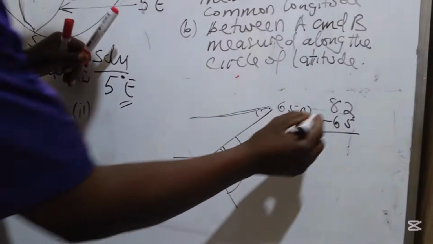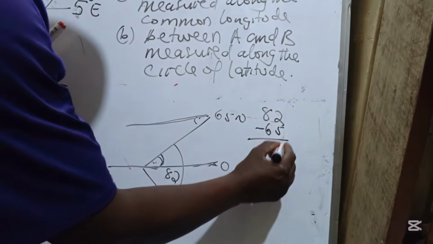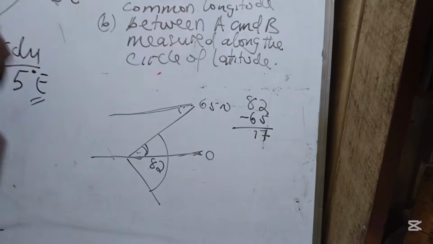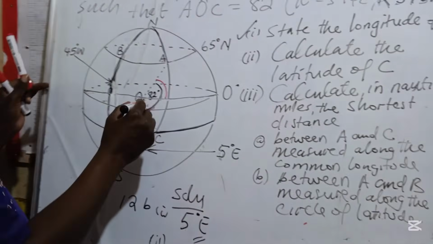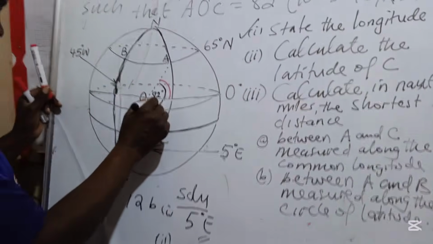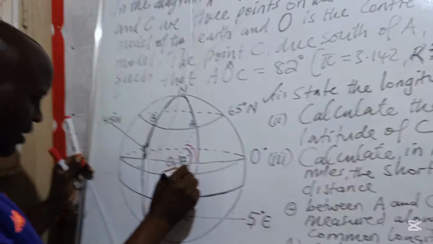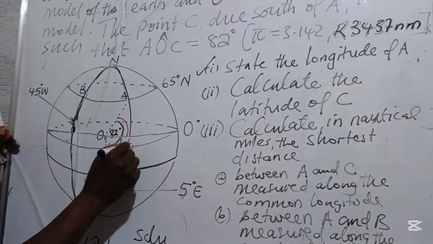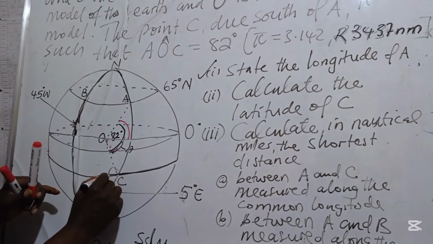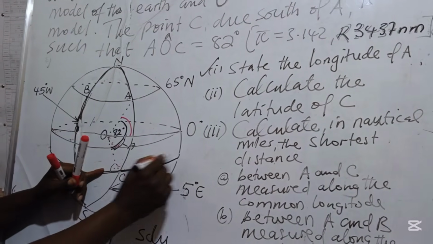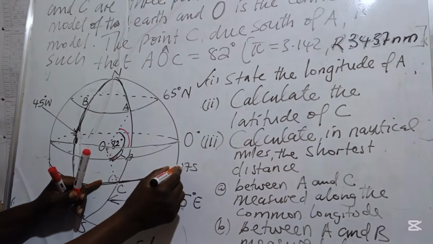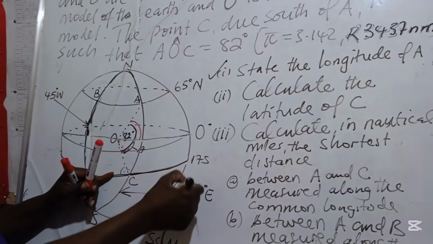If you do your mathematics properly, you are going to get 17. Somewhere here, I've got 17. This 17 reflects also this side. So this one is also 17 south. Why have I said south? Because it is south of the equator.